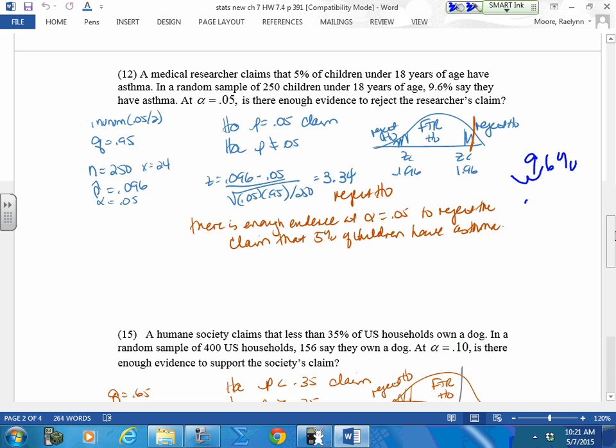Two places, 0.096. So if I need my n and my x, I have to multiply 0.096 times 250 if you use your calculator. You have a two-tailed test. Make sure you take your 0.05 and split it in half for your cutoff value. If you like your p-value, use your p-value test.